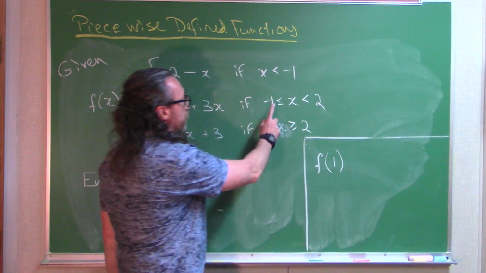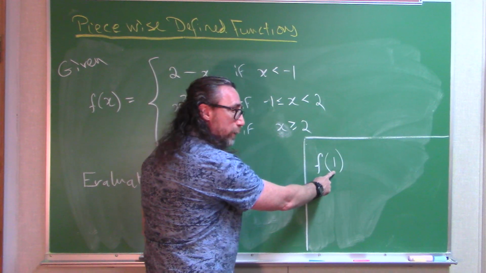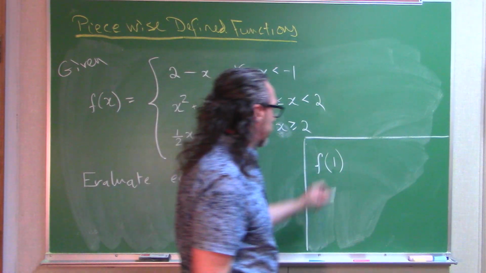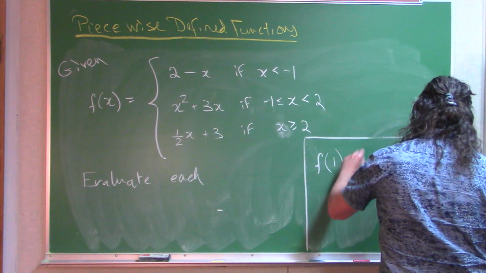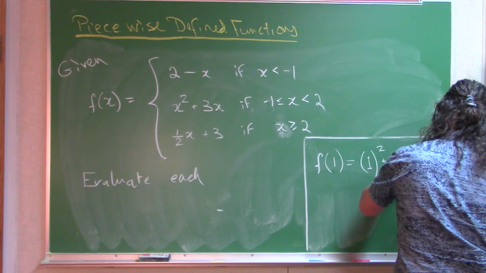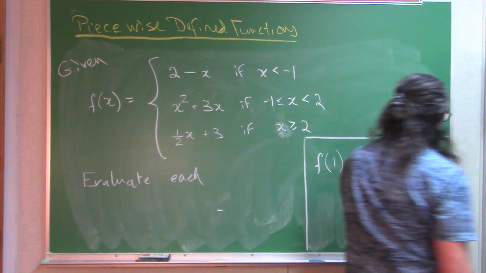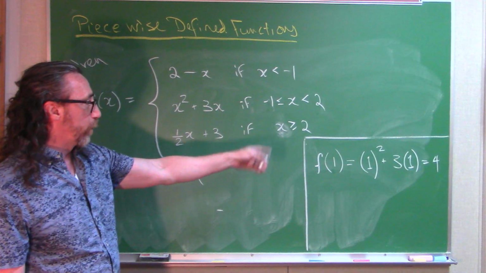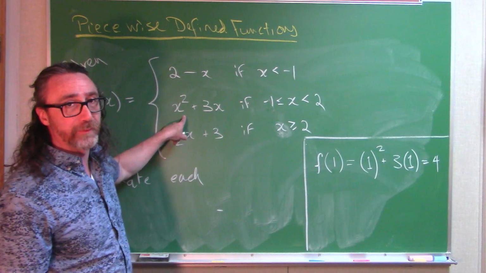Is my input between -1 and 2? Yes, it is. So this is the rule that I use. And that rule says you take the input and you square it plus 3 times the input. So you get the output of 4. Input 1, output 4, using that rule.